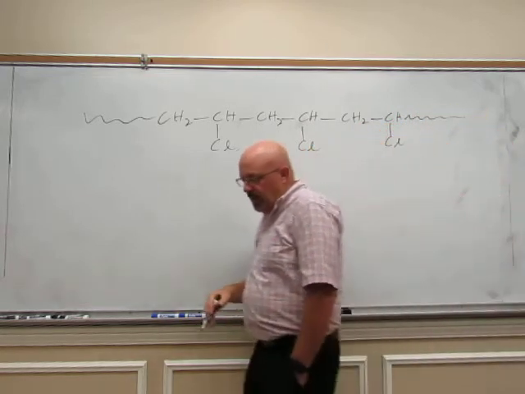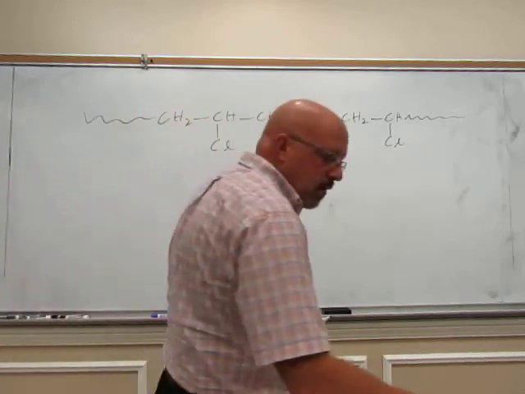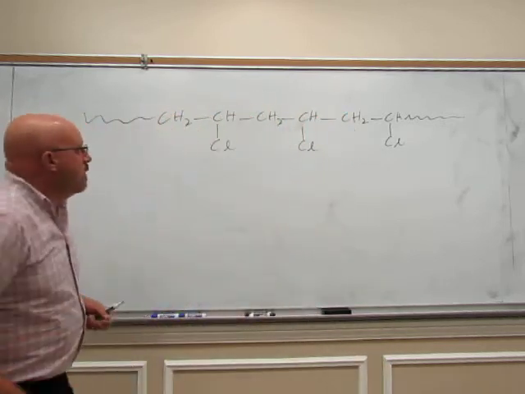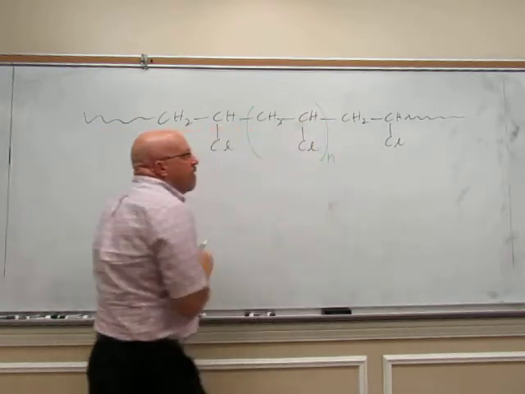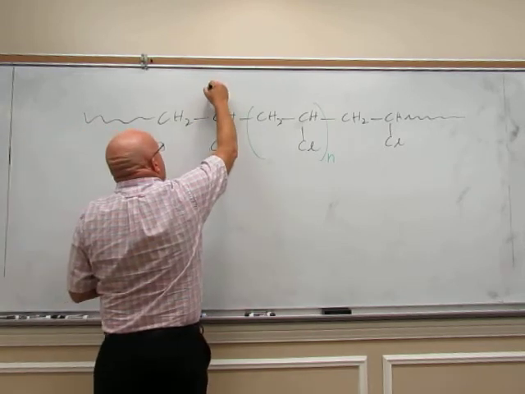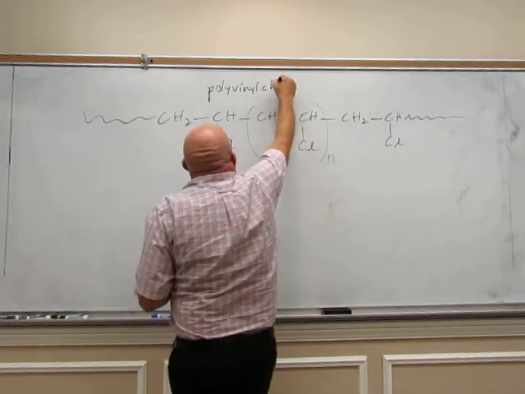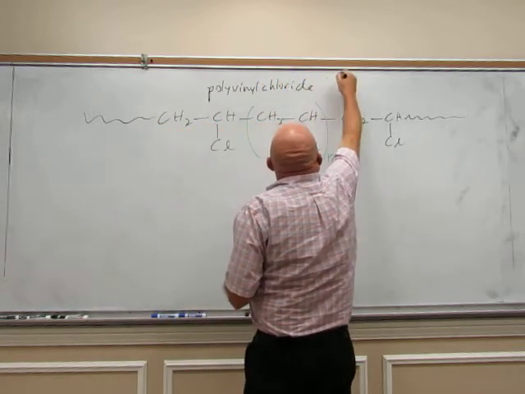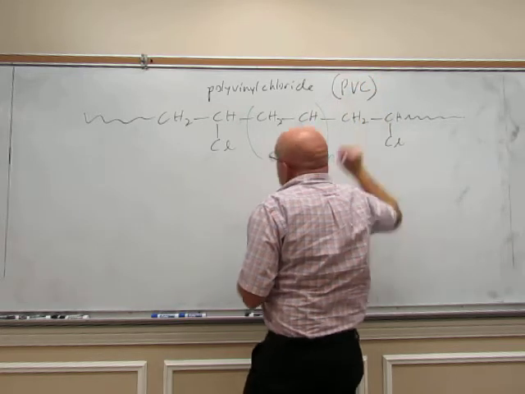Here's another example of a polymer that can be formed by free radical polymerization. So if you notice, there is some number of these units that are repeating. By the way, this polymer is polyvinyl chloride. You'll often hear it referred to as PVC.